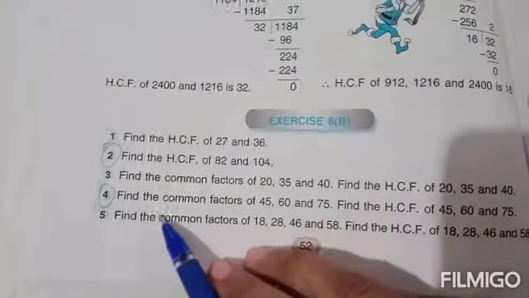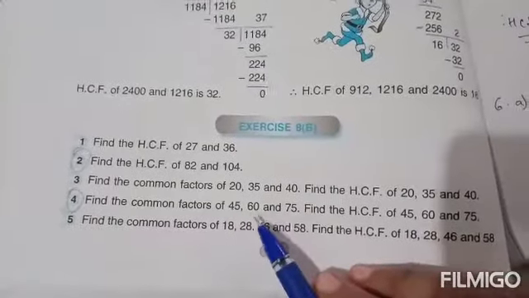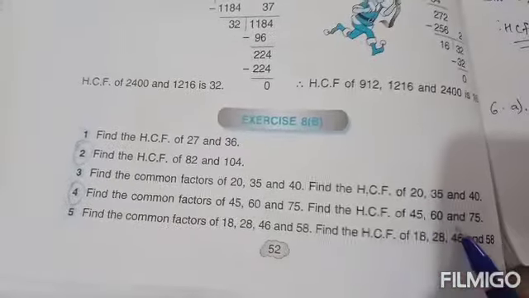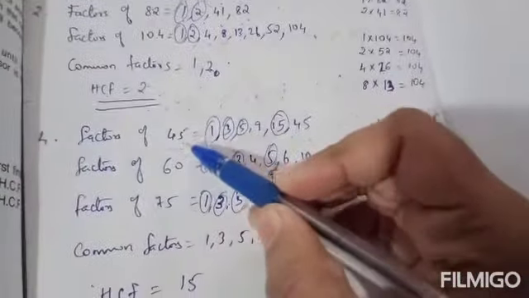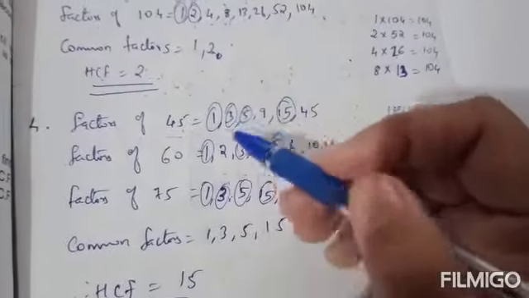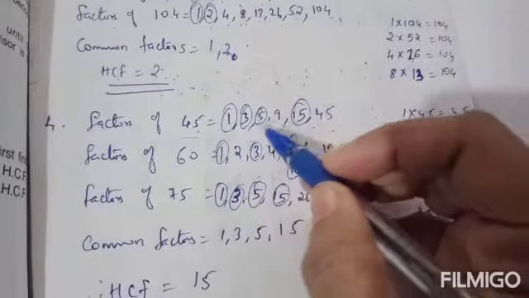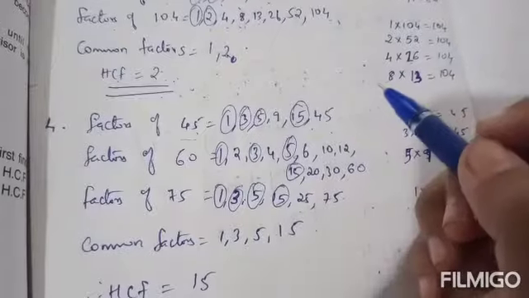Okay. Next, fourth question, find the common factors of 45, 60 and 75. Find the HCF of 45, 60 and 75. So, factors of 45, it is 1, 3, 5, 9, 15, 45.